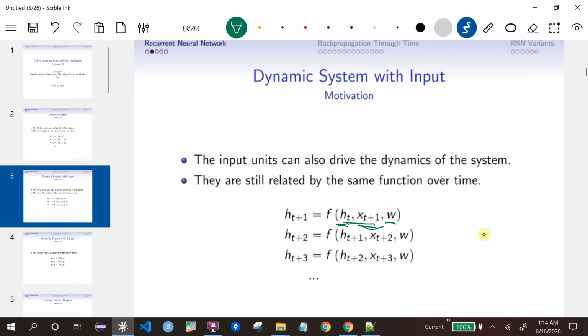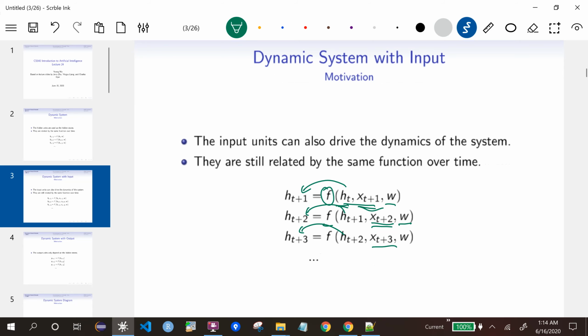Combining these and applying some nonlinear function, we get the hidden states for the next period. Again, we have exactly the same weights and the same activation function to transfer from one period to the next, but every time we are giving the network a different input, the input in the current period.